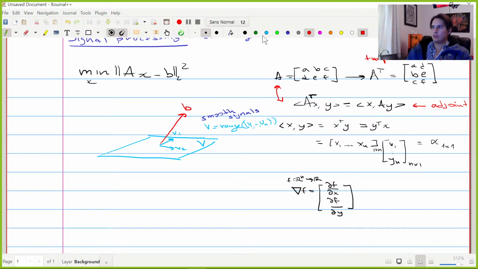So for example, if we plot B as a function in time and each sample is an element of the vector, we have something like this. But we wanted to represent the vector in a smoother space. For example, this one.